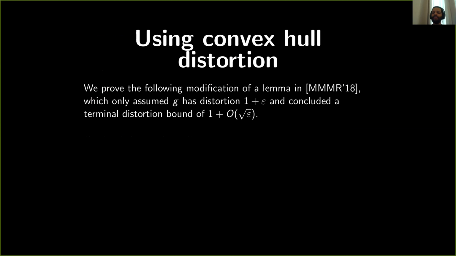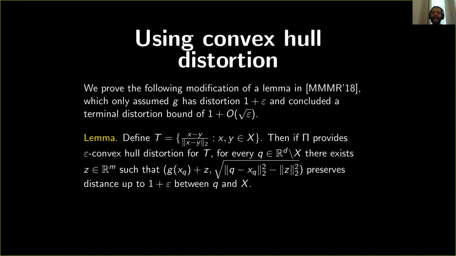So we're now going to prove a lemma that says: let capital T be the set of all normalized difference vectors in your original point set.